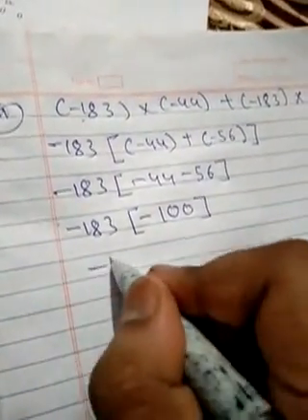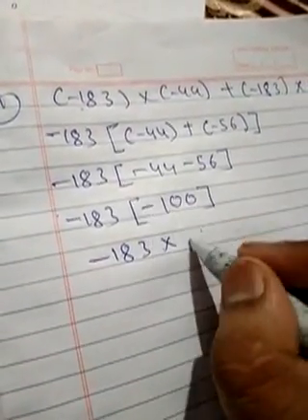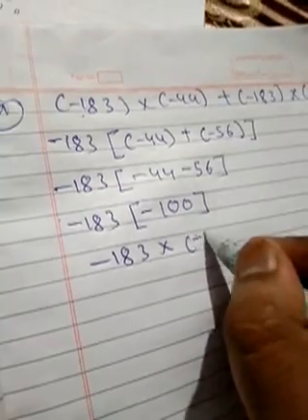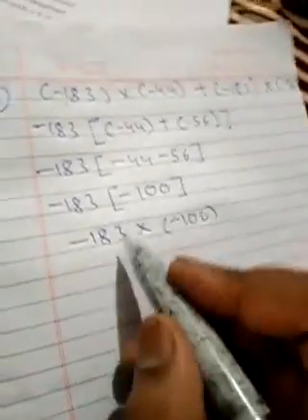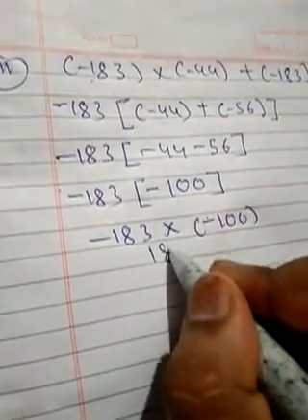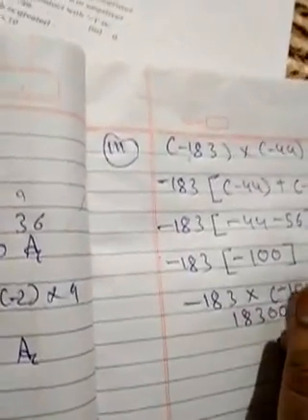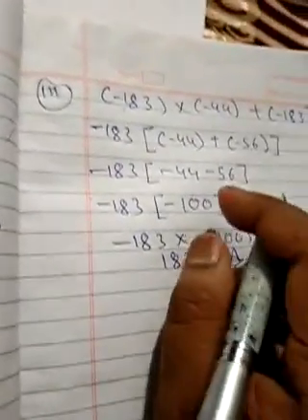Now we have to multiply minus 183 into minus 100. So now minus from minus is cancelled out, we will get 18300. This is our answer. The rest of the parts you can do as homework.